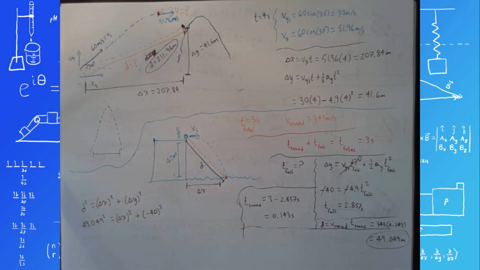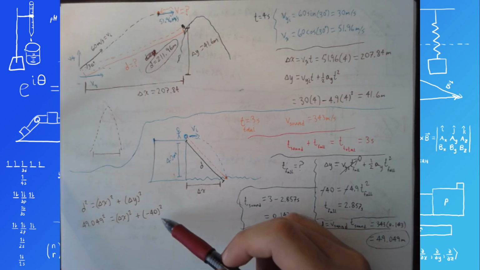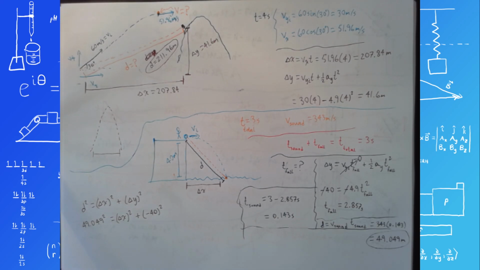So let's see, 49.049 squared minus 40 squared is 805.804401, and that's going to be equal to delta x squared. So if I take the positive square root, it's 28.3866.